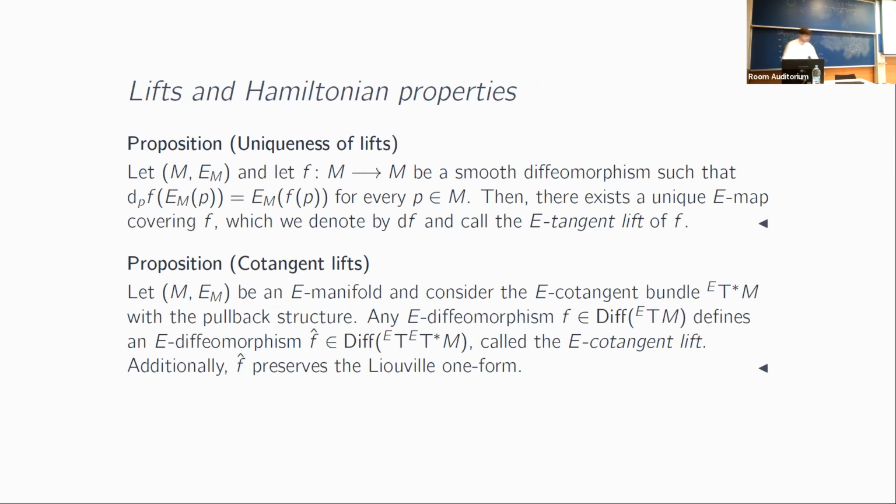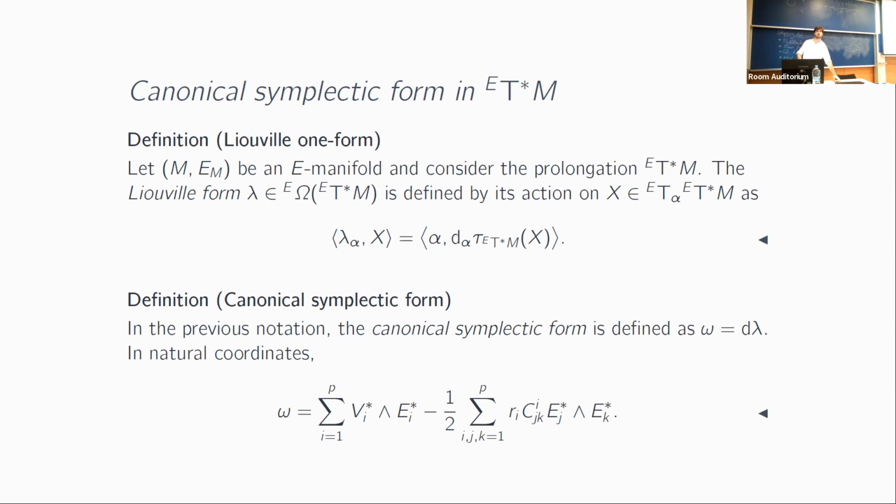Coordinates, the natural coordinates. In this case, given that you are considering the pullback, you would be taking an open set U in M, and then you are taking the pullback with the E-cotangent bundle.